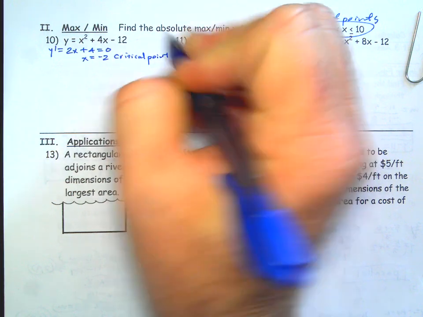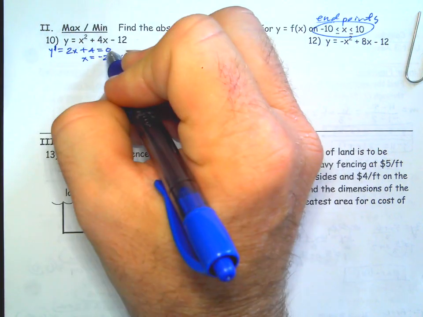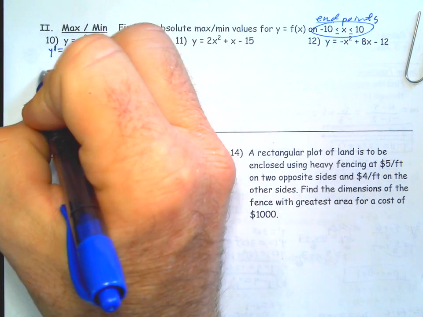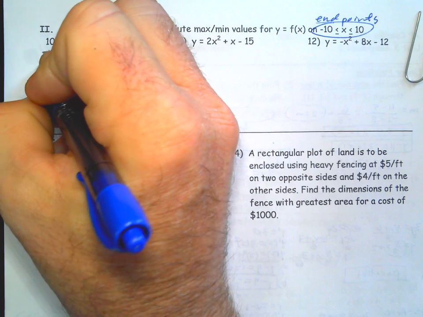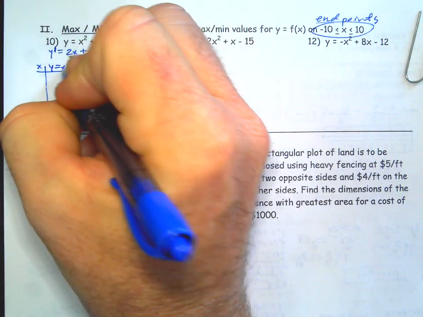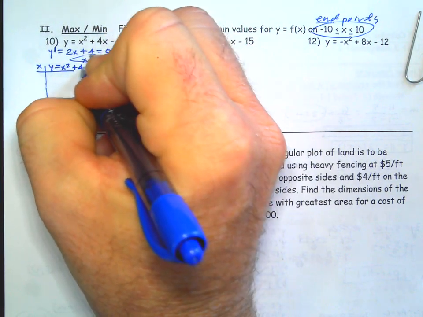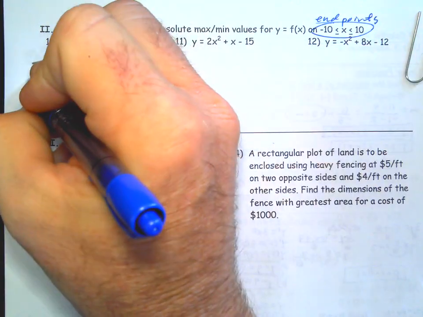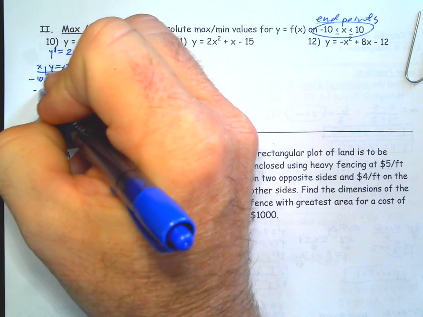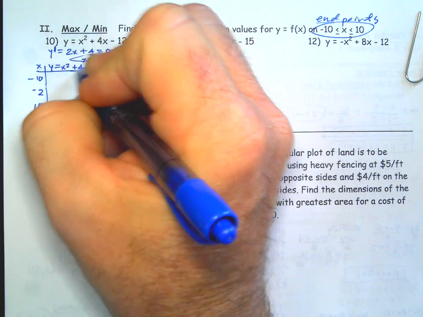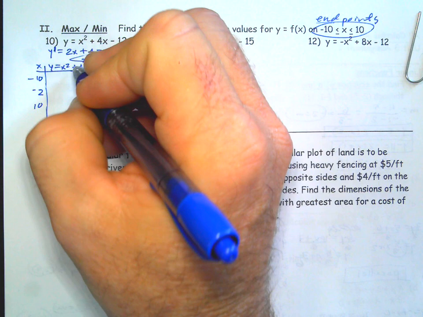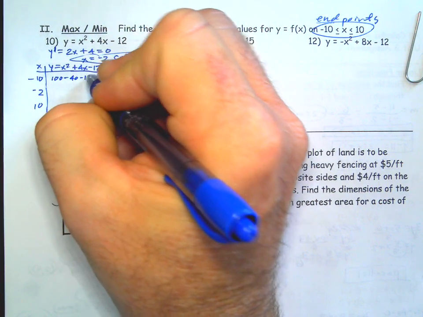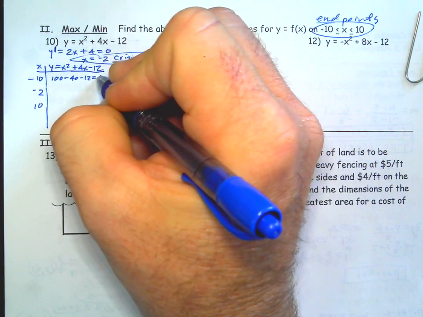So I need the derivative equal to 0. Find this point. So then we make a table, and we plug these in. It's kind of a simple idea. It could be the edges or it could be the peaks and valleys in between. Check them all. So if you plug -2 in here, you get 100 minus 40 minus 12 is 48.